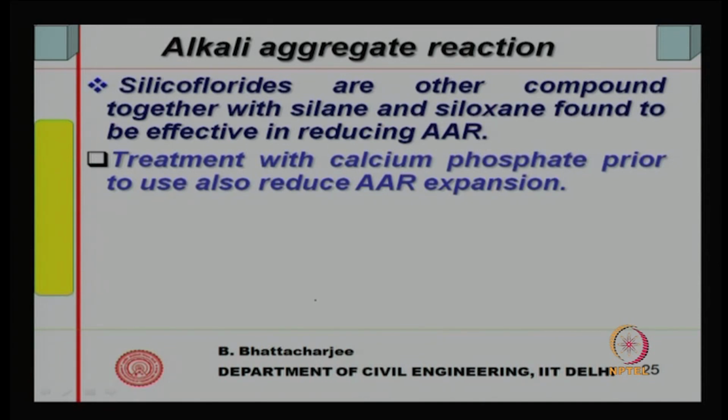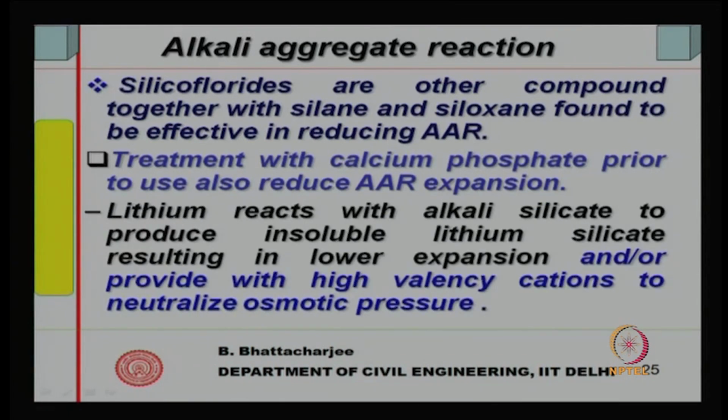Calcium phosphate prior to use also reduces it. If you use calcium phosphate with the aggregate prior to their use, this also reduces the alkali aggregate reaction expansion. As I told you, lithium reacts with alkali silicate to produce insoluble lithium silicate.